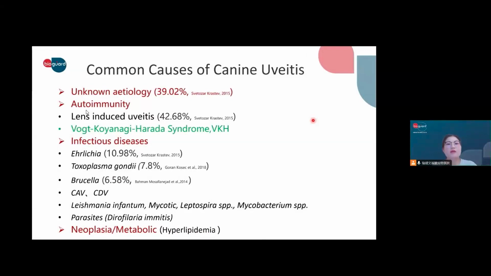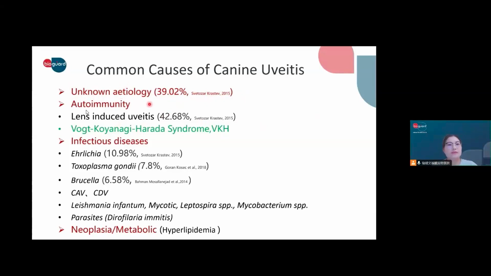The probability of each cause is indicated in the parentheses here. Interestingly, a significant portion of uveitis is of unknown etiology. The possibility is about 40%. That's very high.